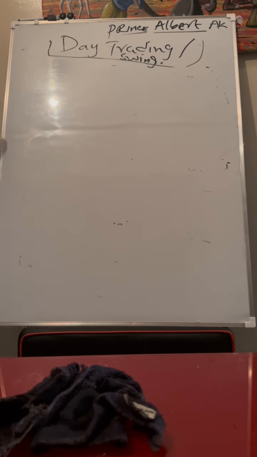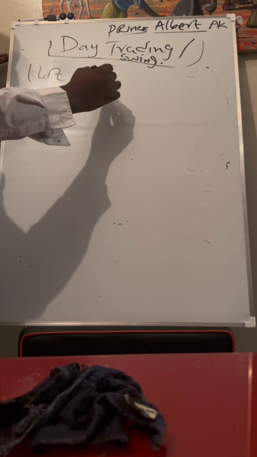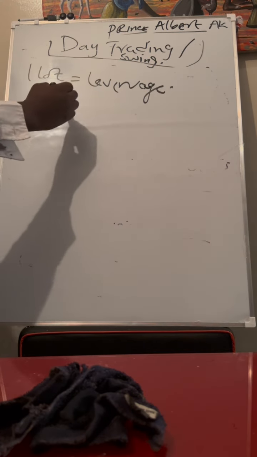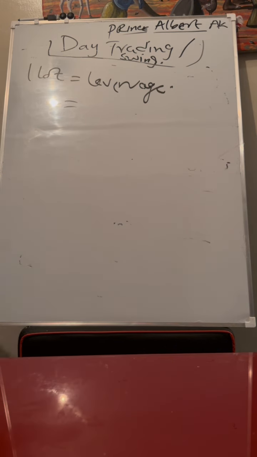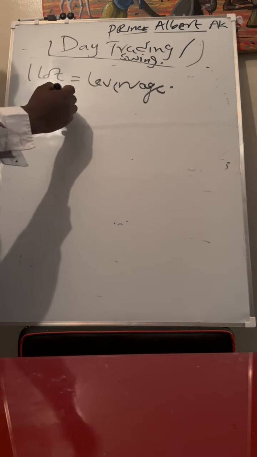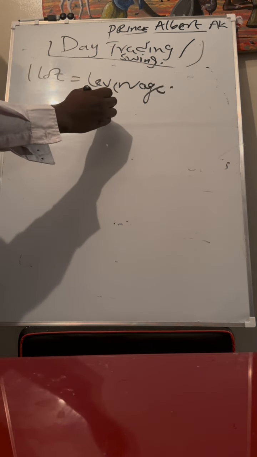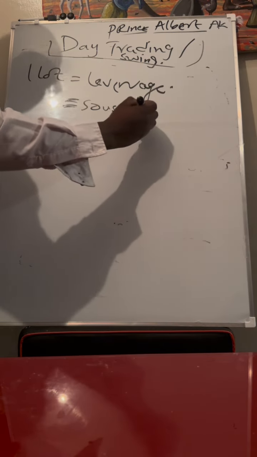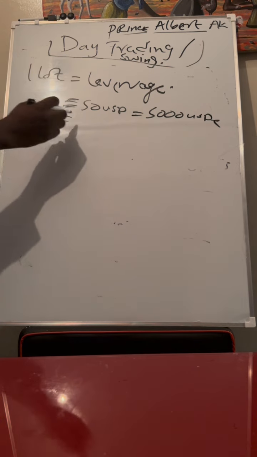When we risk 1 lot in our account, that means we need leverage, for us to be secure in that account, because I'm training you how to double an account of 50 USD. In this case, with an account of 50 USD, with 1 lot size, at least we said equals 5,000 USD.